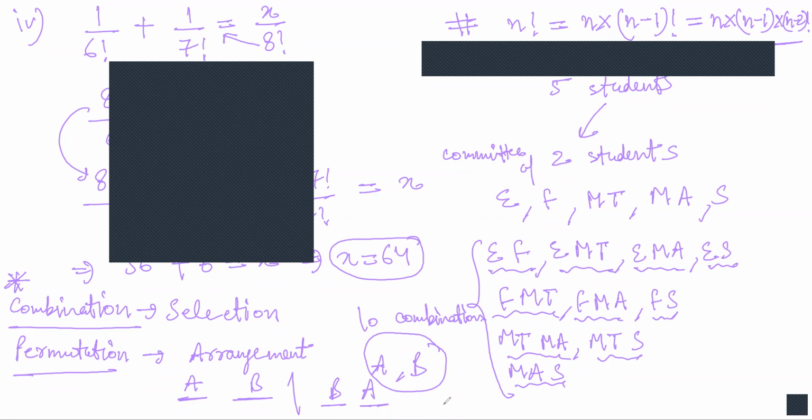So this is the differentiation between permutation and combination, basically arrangement and selection. Selection is a different combination. Combination is a different selection. You can use either term. And permutation means different arrangements, different types of arrangements. You can just remember one thing. In combination, order does not matter.